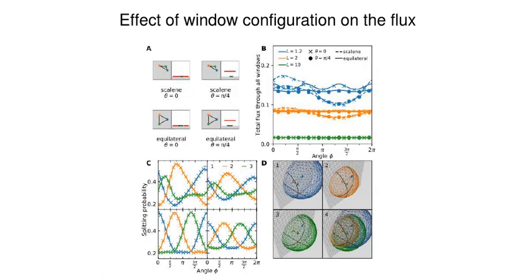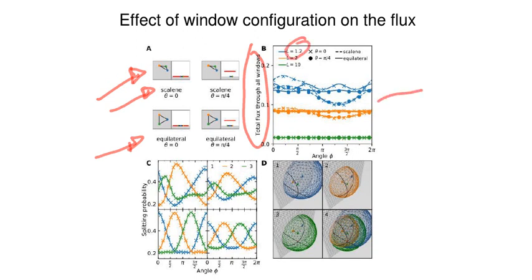So another interesting example is now we have 3 windows, and from these 3 windows we can again calculate the total flux for various types of triangle, an equilateral triangle, a scalene triangle. We vary the distance to the source.